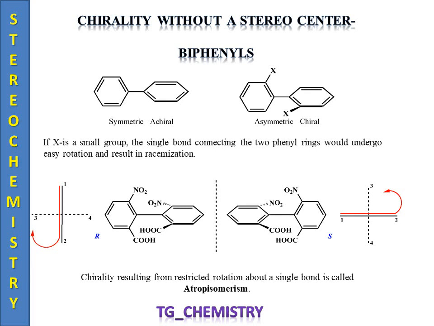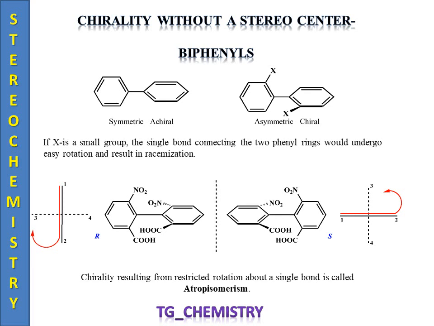For example, if the biphenyl has no substitution, that should be a symmetric biphenyl, and this is achiral. And if the ortho positions of either phenyl ring of the biphenyl system are substituted, they are asymmetric. So that can lead to chirality.